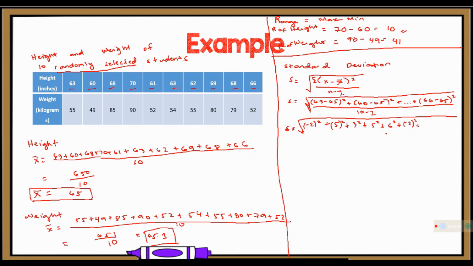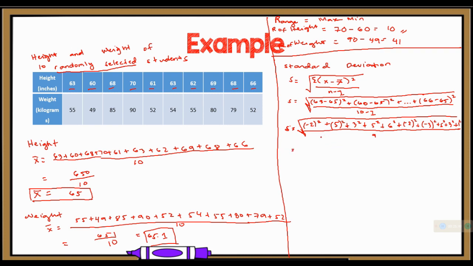Kakasya kaya? 62 minus 65, we have negative 3 squared. Plus 69 minus 65, 5 squared. Plus 68 minus 65, edi, 3 squared. And finally, we have 66. 66 minus 65 is 1 squared. I hope you can still see the solution, kahit na medyo hirap na hirap tayo sa space. And then, the difference between 10 and 1 is 9.